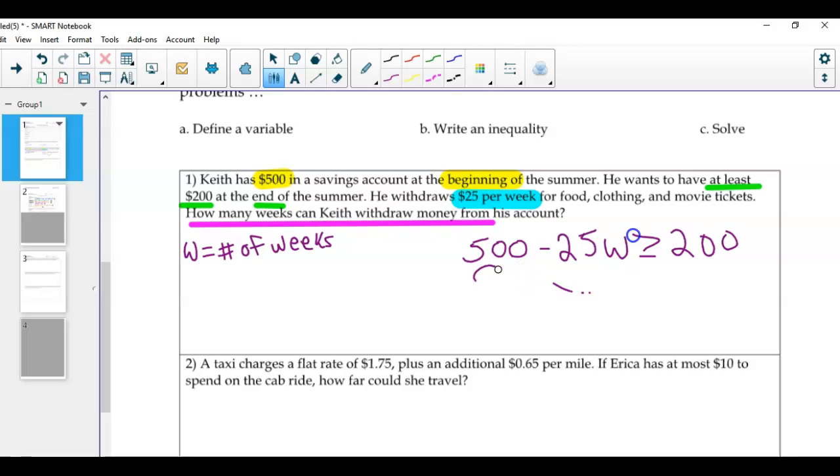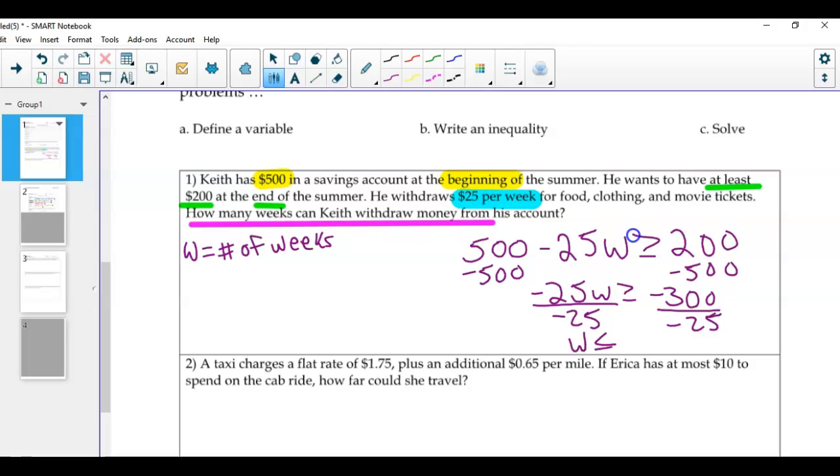So we defined our variable, we wrote our inequality, and now the only thing left to do is solve it. When we are solving this, our rules still apply from when we were solving inequalities.